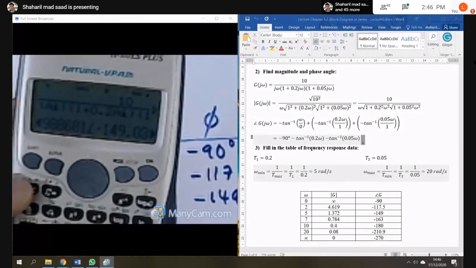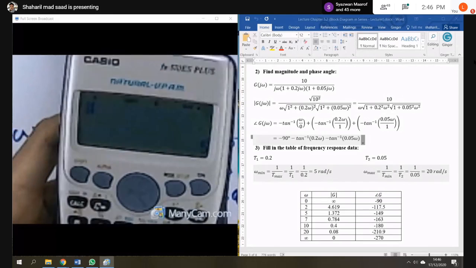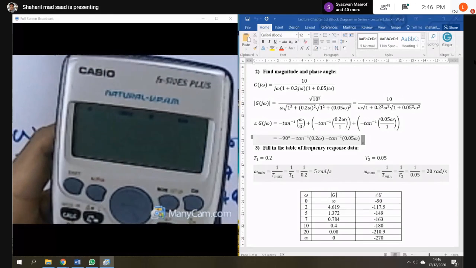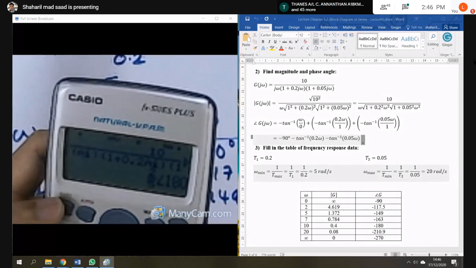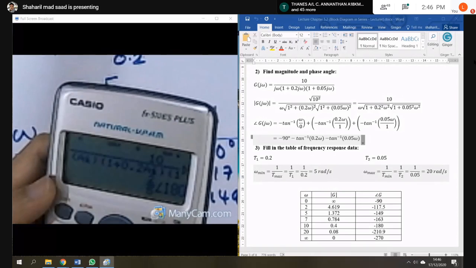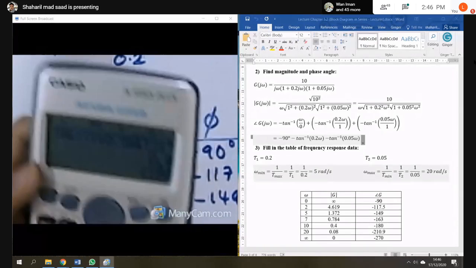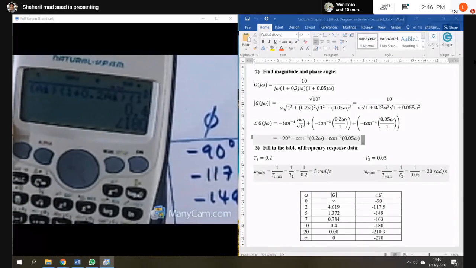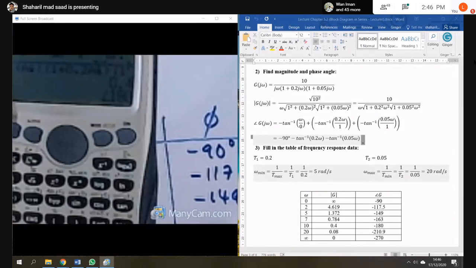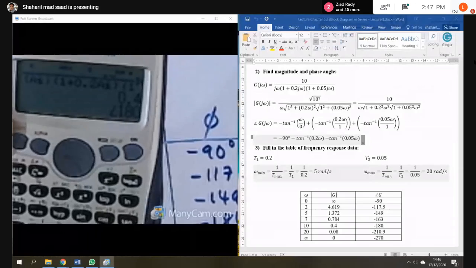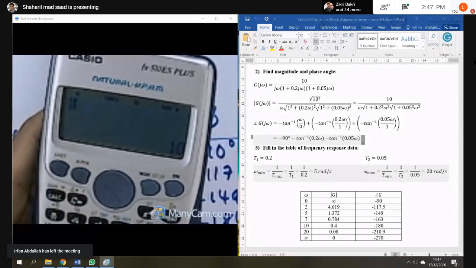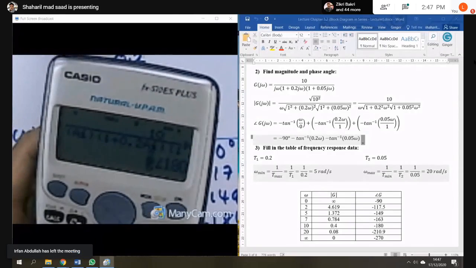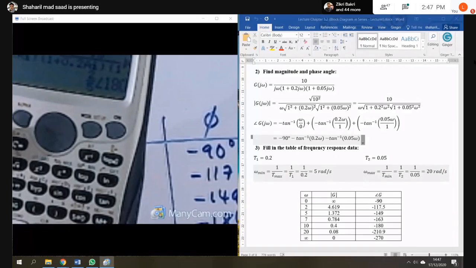Then calculate again, go to 10: you get 0.4 and minus 180. Okay, good. Calculate again, go to 10, equal to 10 here.